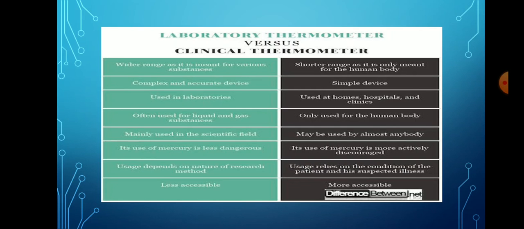Laboratory thermometers are used in the scientific fields, whereas the clinical thermometer can be used by almost anybody. These are the difference between the laboratory thermometer and a clinical thermometer.